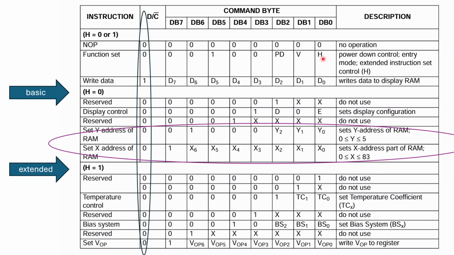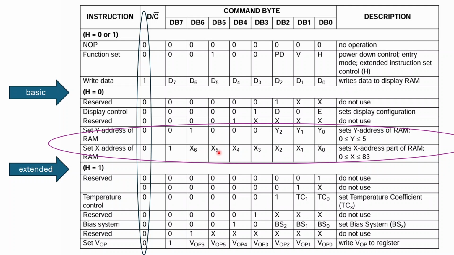First let's look into the basic instruction set. It is really simple. It has a command to set the Y address and a command to set the X address, so you can calculate the addresses. They are encoded for the Y address in the least significant 3 bits, and for the X address in the least significant 7 bits.